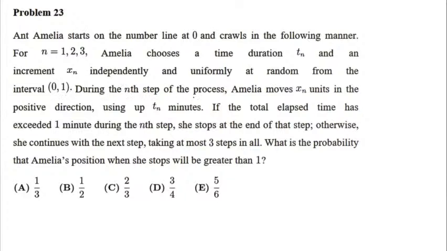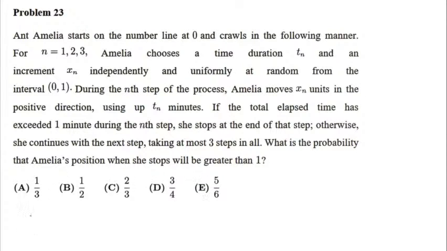During the nth step of the process, Amelia moves Xn units in the positive direction using up Tn minutes. If the total elapsed time has exceeded 1 minute during the nth step, she stops at the end of that step. Otherwise, she continues with the next step, taking at most 3 steps in all. What's the probability that Amelia's position when she stops will be greater than 1?